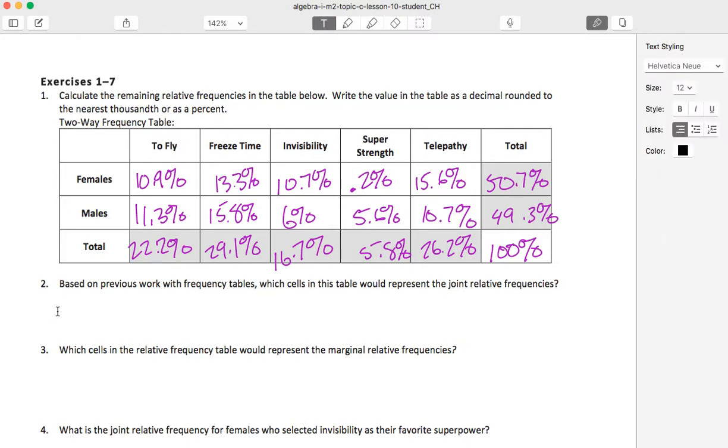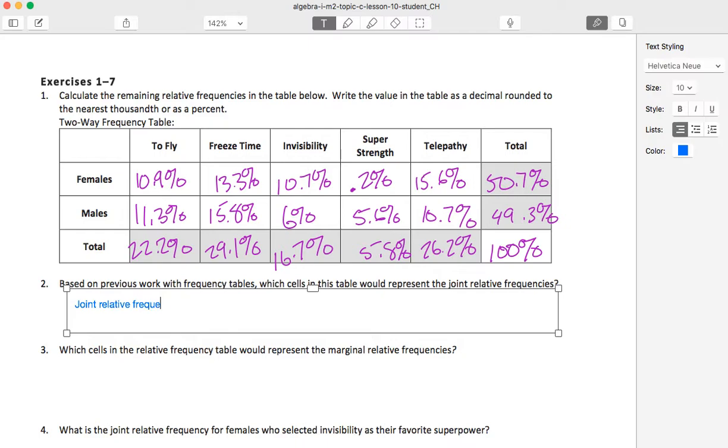Based on previous work with frequency tables, which cells in this table would represent the joint relative frequencies? Joint relative frequencies compare two categories.